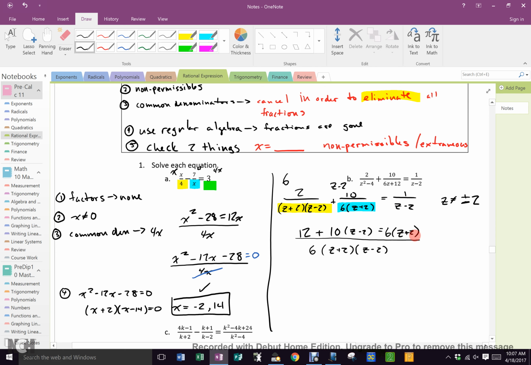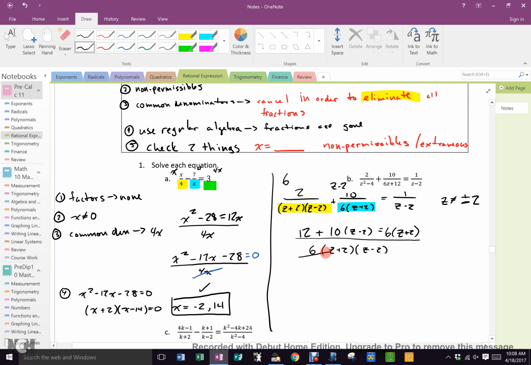Is everybody okay with what I have here? Everyone. Look at it for a minute before you decide. Is everyone okay with it? Everyone's good? Okay. Once everything is over the same denominator, do I need the denominator anymore?